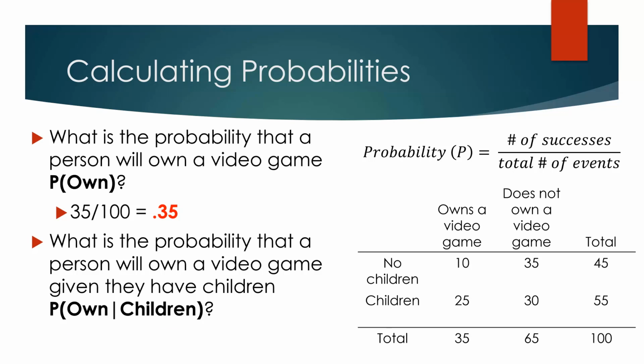Well, that would be 25 own a video game out of the 55 people that have kids. So that's our probability fraction. And you take the division of that and you get 0.455. So you have almost a 50% chance of pulling somebody out of the data set who owns a video game, given that they have kids. So that's how you would work with the conditional probabilities using a table of data like this.